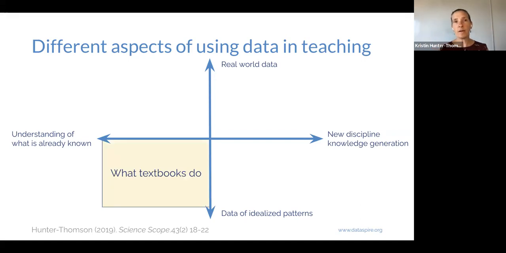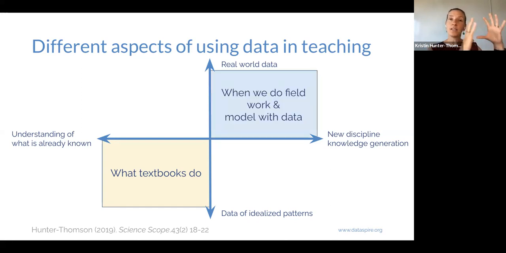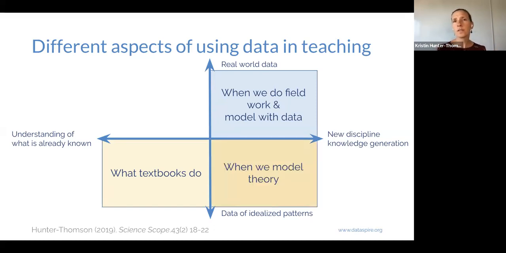So we can think about this in terms of how data can show up in our teaching. If we're in this bottom left-hand quadrant, we are using data of idealized patterns to understand what is already known. This is where a lot of our textbooks or lesson plans live. In the upper right-hand quadrant, where we're using real-world data to generate new knowledge for the world, we can think about this as when we're doing field work or lab bench work, where we're modeling with data out in the real world.